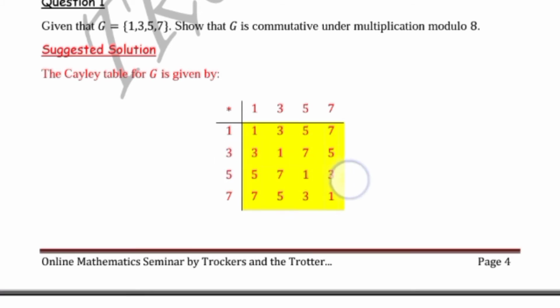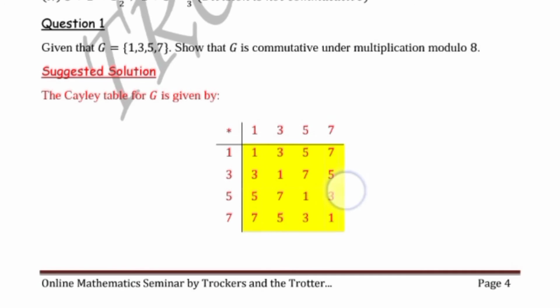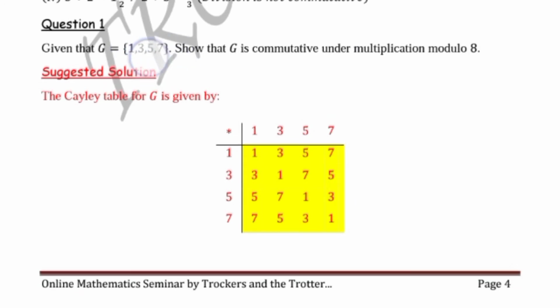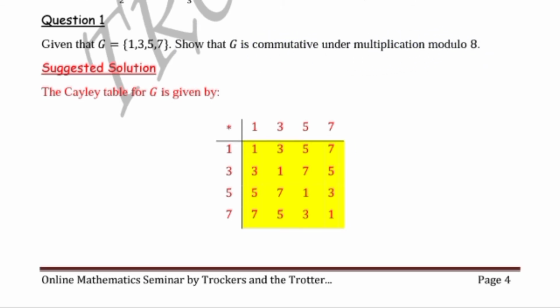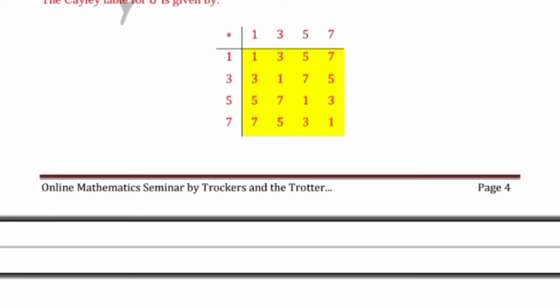Now, after constructing the Cayley table, how then do we determine if this set G is commutative under multiplication modulo 8? Well, we have our major diagonal with these numbers 1, 1, 1, 1 here. This is our major diagonal, right? The fastest way to check for commutativity is to check if the elements are reflected in the major diagonal.